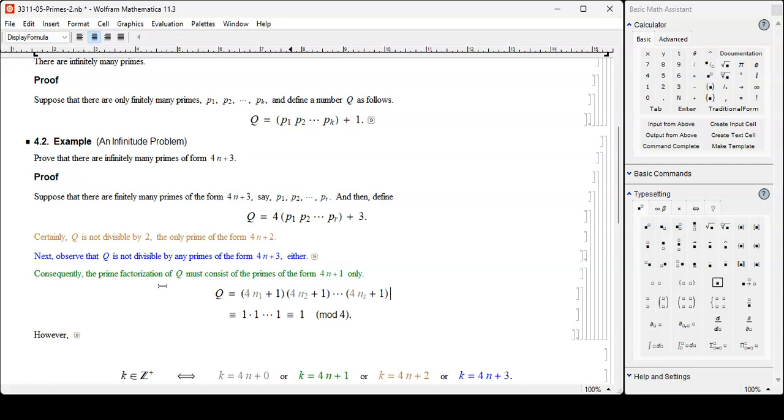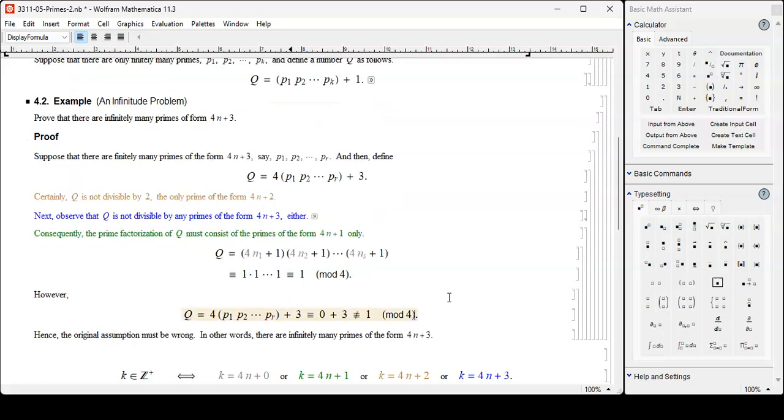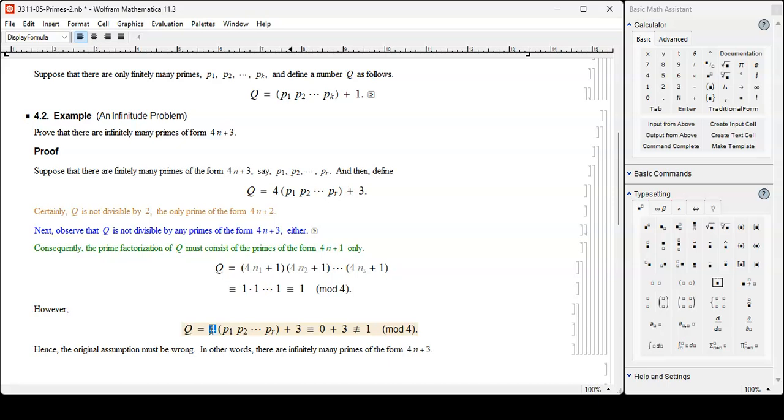Let's go back. Capital Q must have a prime factorization, and the prime factors cannot be any of those 4n plus 3 or 4n plus 2 form. They're all 4n plus 1 form, so we have this kind of form. So congruent modulo 4 will yield 1. However, from the very construction, we can see capital Q is congruent to 3 modulo 4. 4 is 0, so 4 times this entire thing, that's 0.